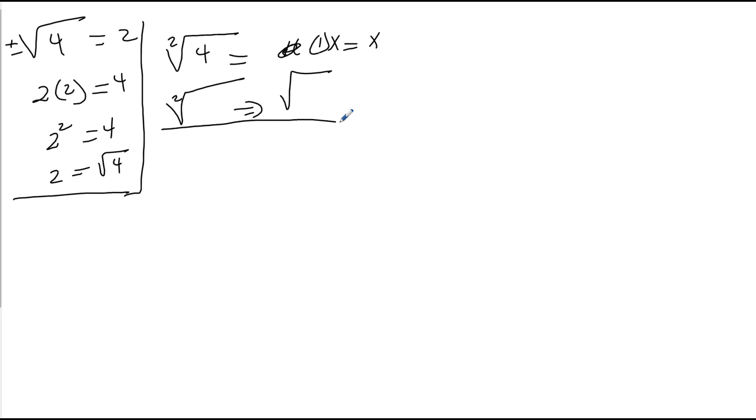Let me explain a radical. When I say the square root of 4, essentially what I'm saying is the second index of 4. So that means that could be written as 4 raised to the power of 1/2. That's what you're essentially saying when you say the square root of 4.